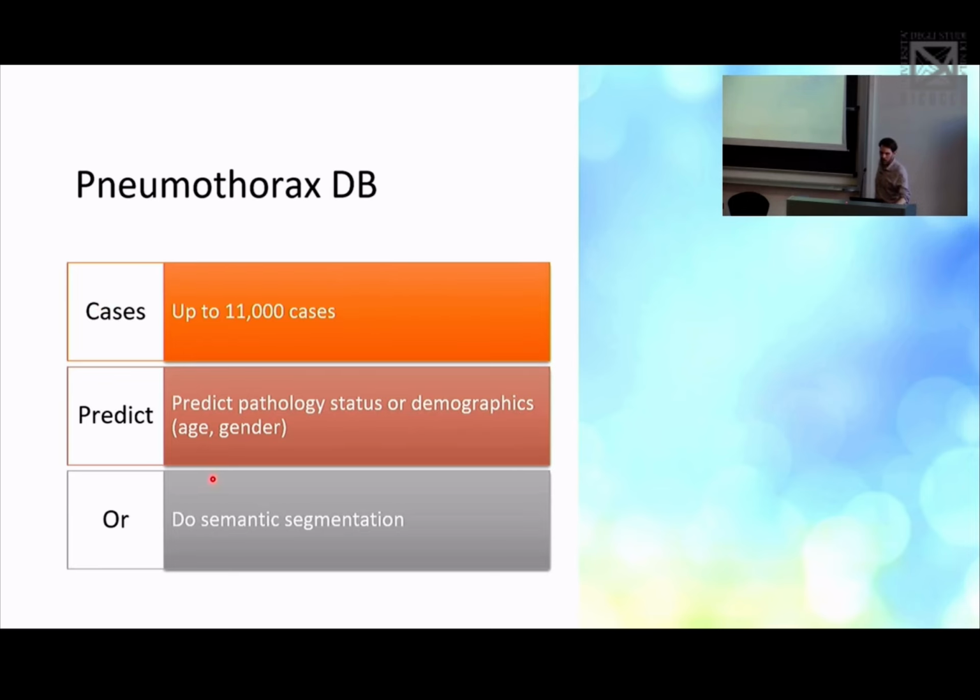So you can do one of these things: either a prediction, which can be the pathology status, or you can try to predict the demographics, or you can do semantic segmentation. You try to find where the pathology is, but if you do that, you are probably also able to predict the pathology status.